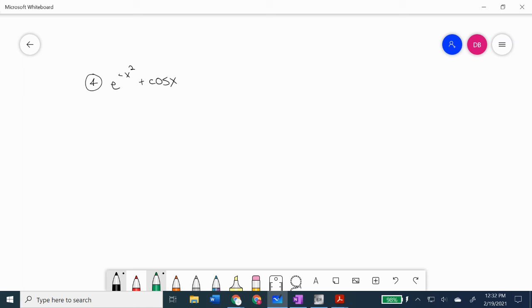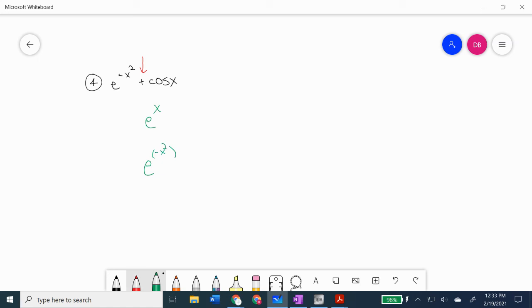So before I can do the addition, I'm going to have to find e to the negative x squared. To get e to the negative x squared, I'm going to start with e to the x, and I'm going to substitute into e to the x negative x squared.